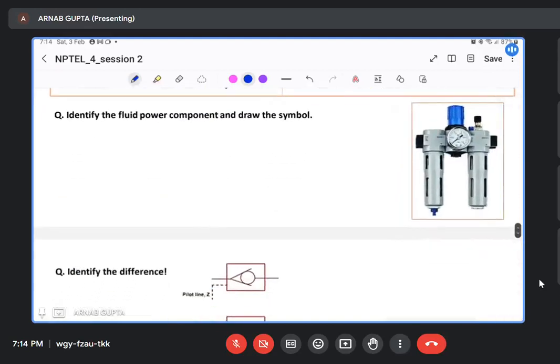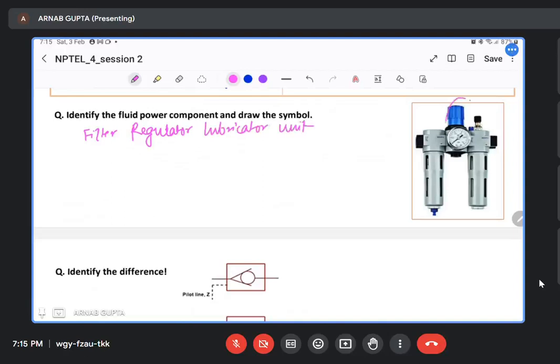Identify this particular fluid power component and draw the symbol. We discussed this in the previous session also. This is nothing but a filter, regulator, lubricator unit.